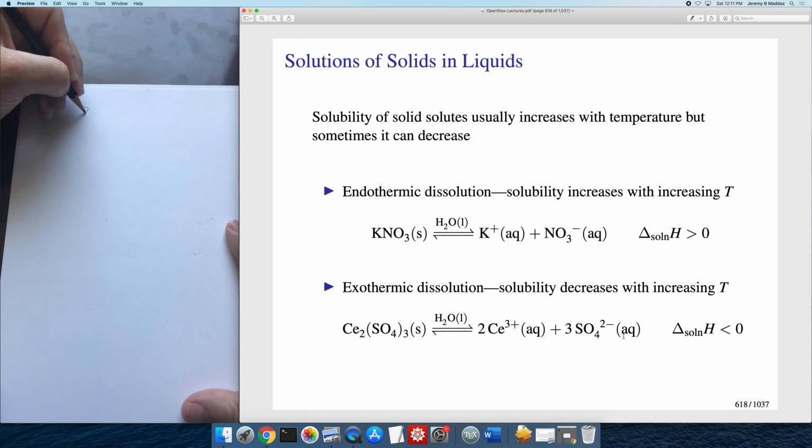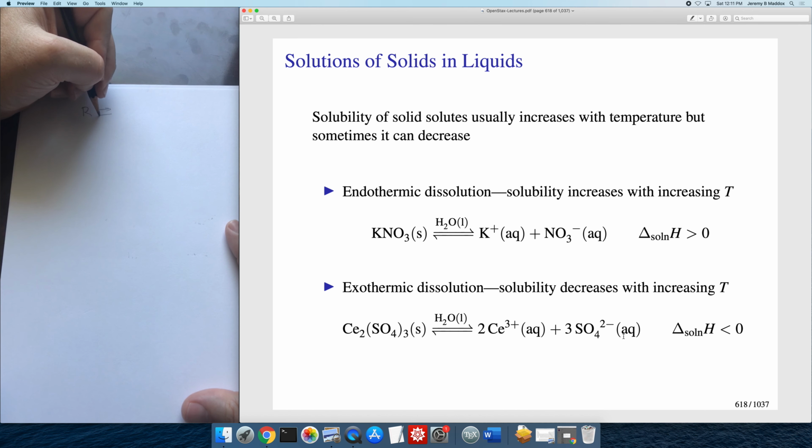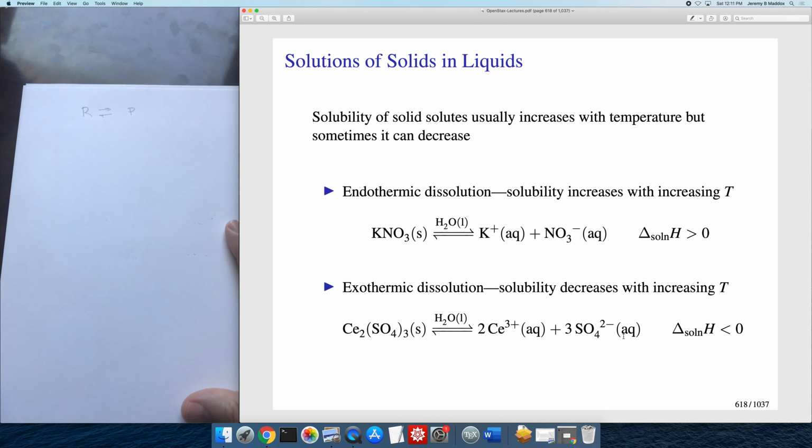So we've got some reactants, we've got some products, and in the endothermic case, we can think of heat, which we associate with temperature, as a reactant. Now what I'm going to show you is a balancing act, a teeter-totter or visual approach to dealing with questions involving equilibrium.